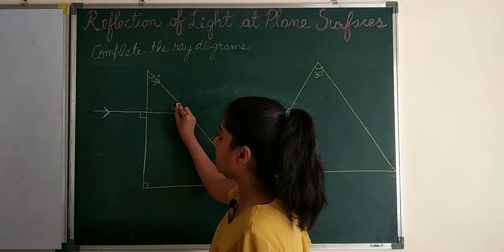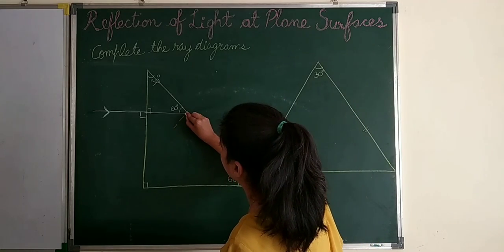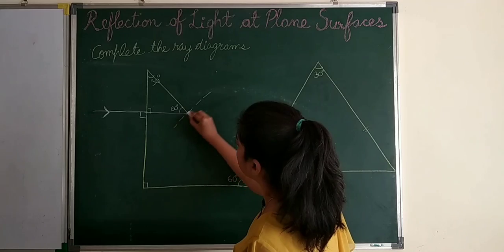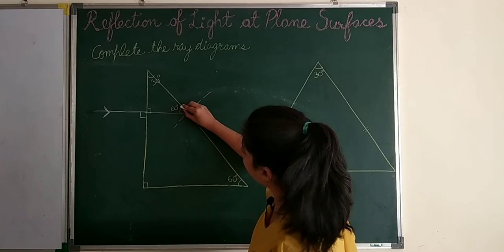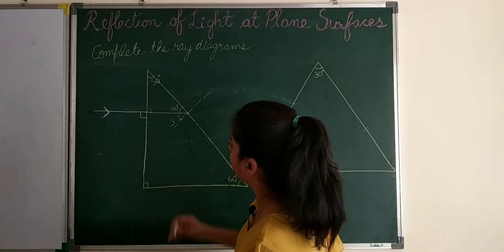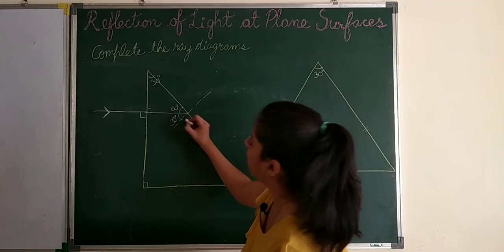We will mention 60 here. At this point, we will draw a normal. Now, since this is a normal, this whole angle will be 90. So this part will be 30. This is 30 degree.